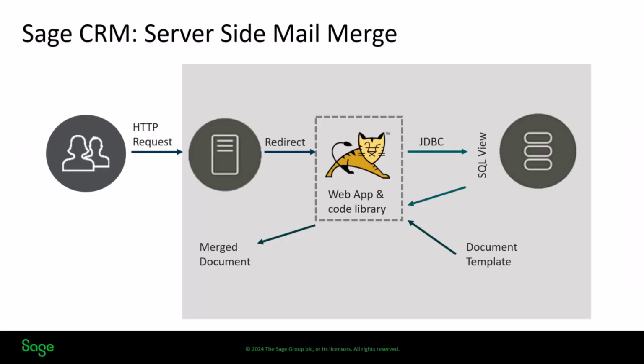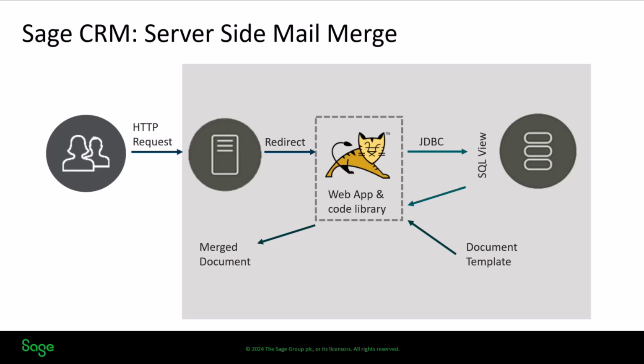Now, to recap, the user starts the mail merge through the options of the user interface. Now, we've walked through the ad hoc options, but we could have carried out a bulk action or a workflow action as well. The same thing essentially is happening.